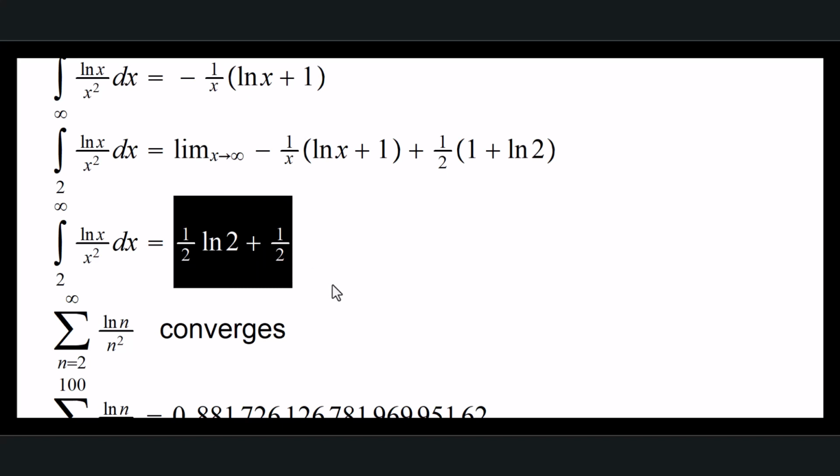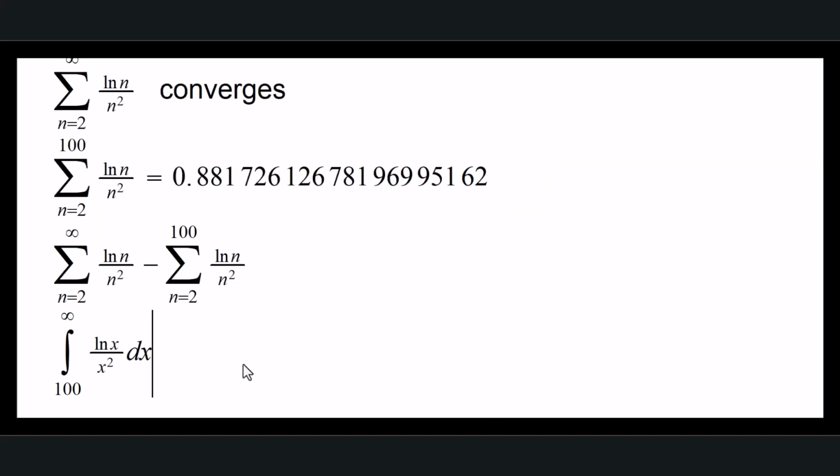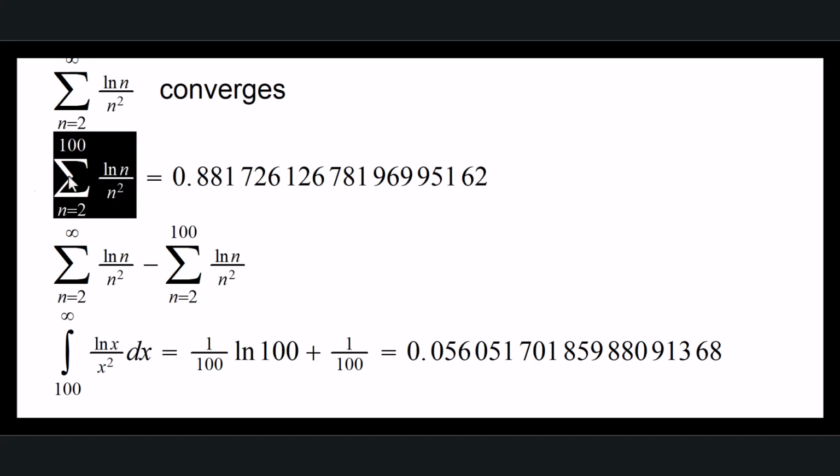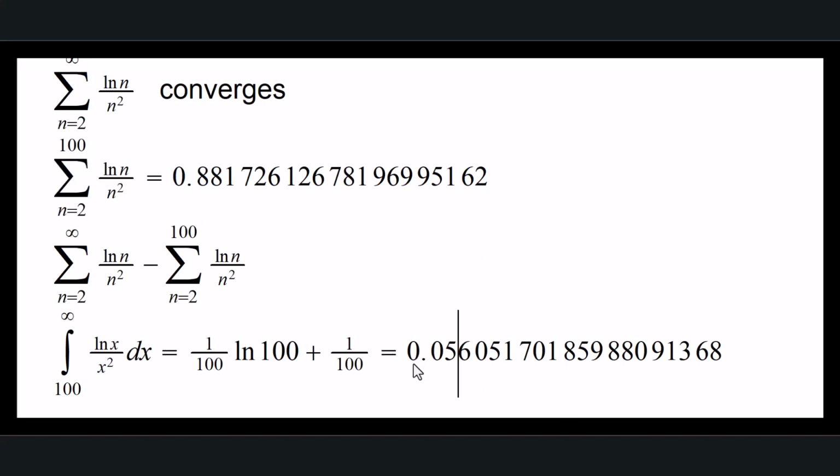Instead of 2, we will have 100 here, and here, and here, and what we get for that is 0.056. So if we add the first 100 terms, the magnitude of the error is how much?